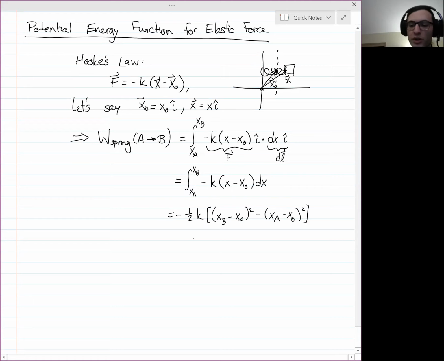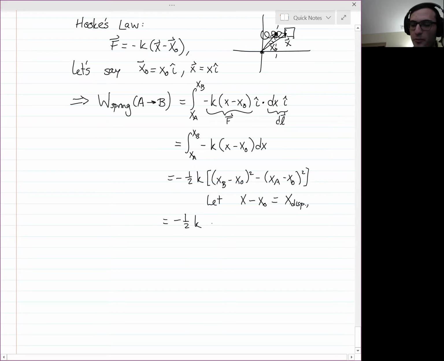And so let's let x minus x naught equal x displacement. Then this is just negative 1/2 k times (x displacement b squared minus x displacement a squared).